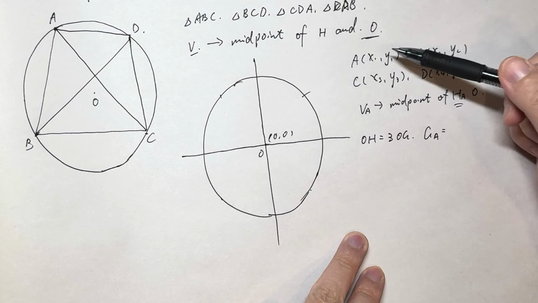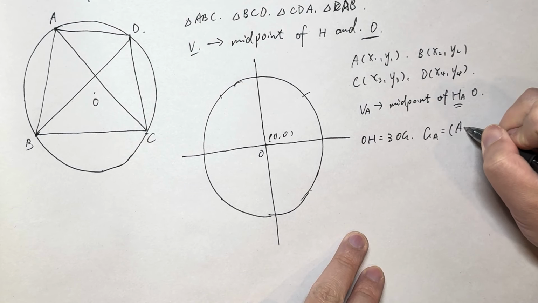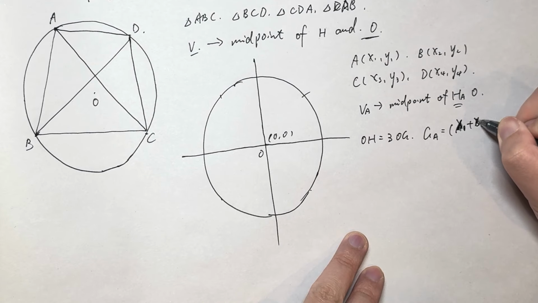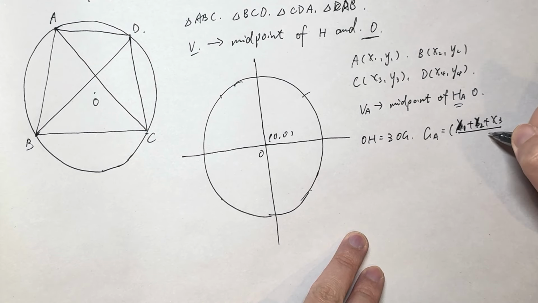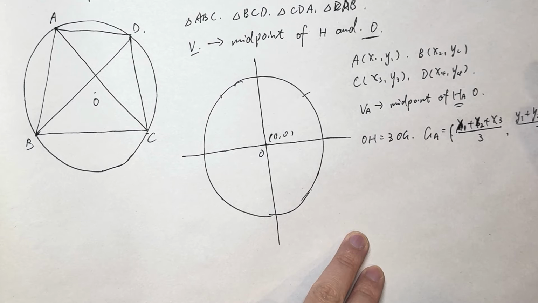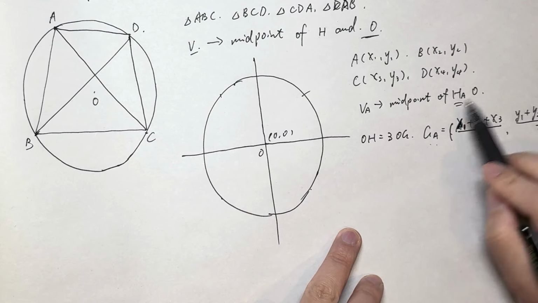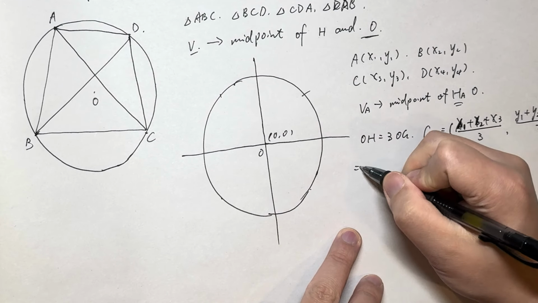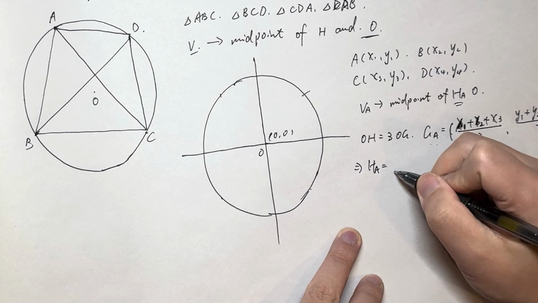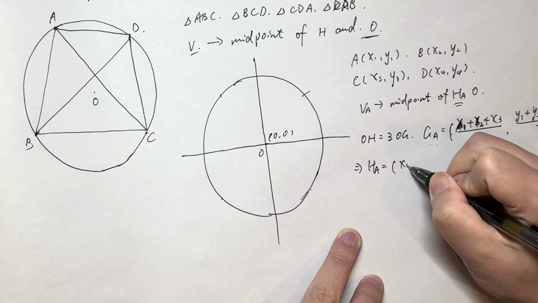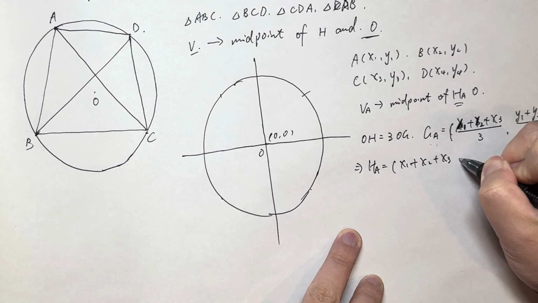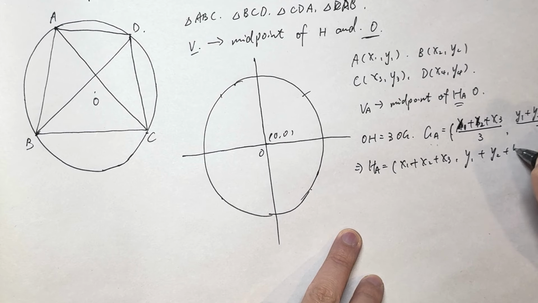For example, for the triangle ABC, the centroid GA would be (x1 plus x2 plus x3) divided by 3, and (y1 plus y2 plus y3) divided by 3. Which means the coordinate of HA is (x1 plus x2 plus x3, y1 plus y2 plus y3).